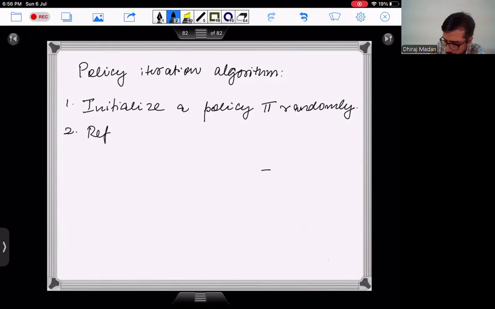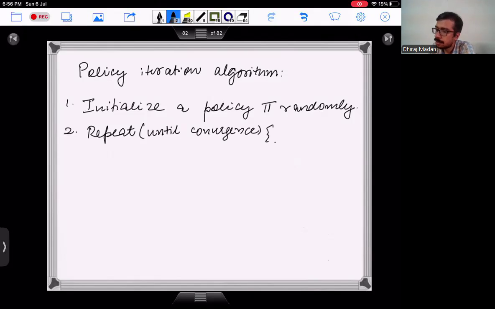Next, we repeat the following steps until convergence. Firstly, you evaluate V pi.